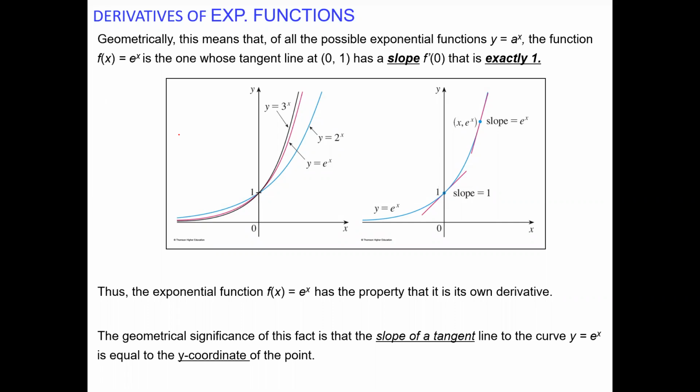And respectively, for the corresponding x value, we can calculate the numerical number. Slope at 0, e to the power of 0 is 1. Slope at 0 is 1. And then slope at any point, if we have the point x, f of x, where f of x is e to the x, the slope at this point will be the derivative e to the x.